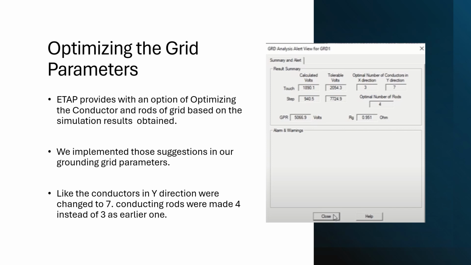So we have four conductors in y direction. After the suggestion, we have made them seven by adding three more conductors in y direction.